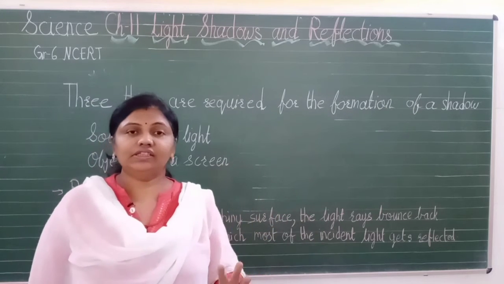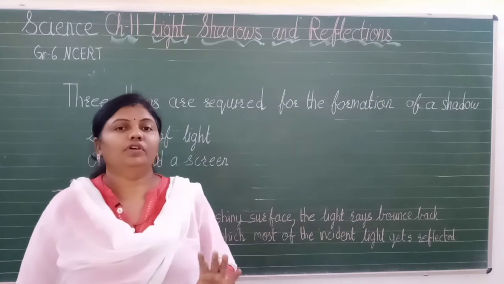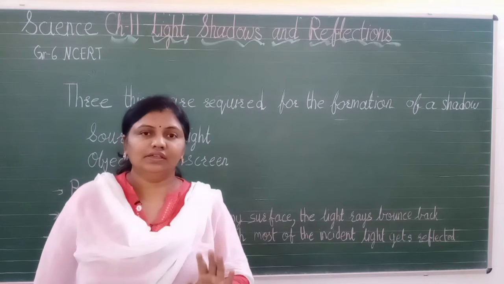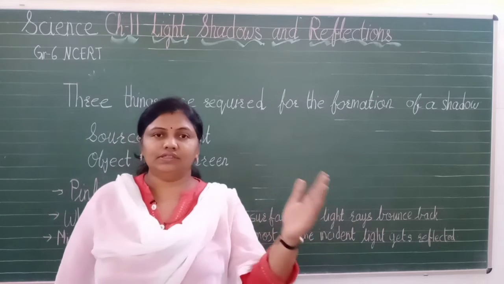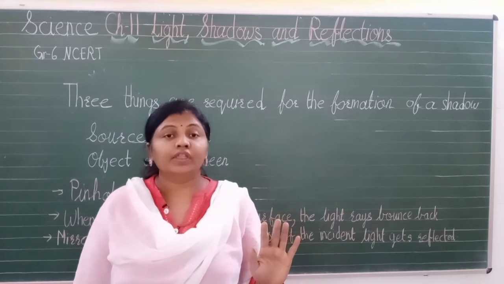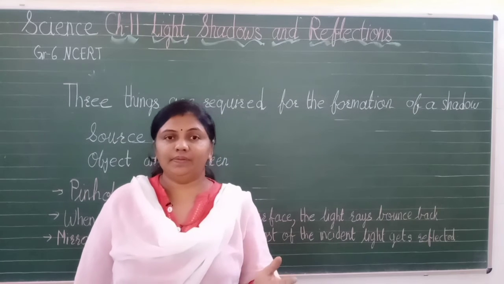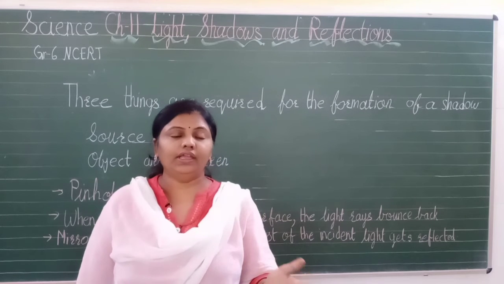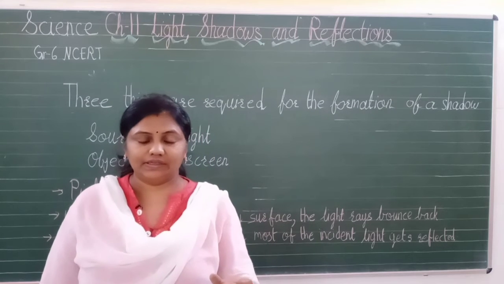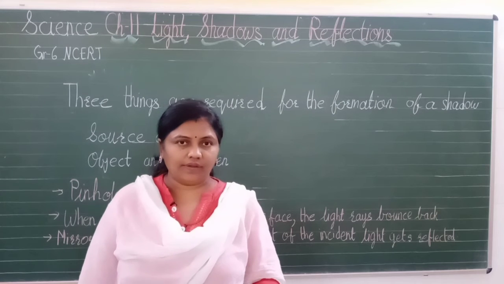So three things are required to obtain a shadow: light, object, and screen. Clear? Now, as I told you, the shadow is very big during the morning and evening time, while it is very short during the noon time.